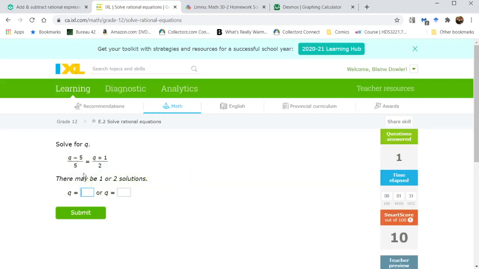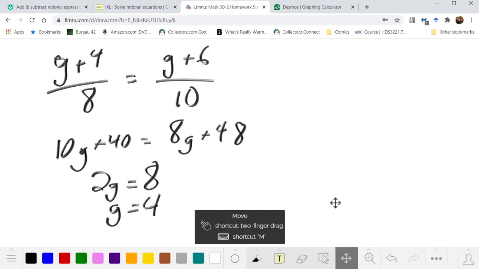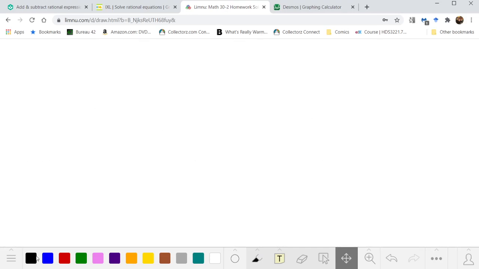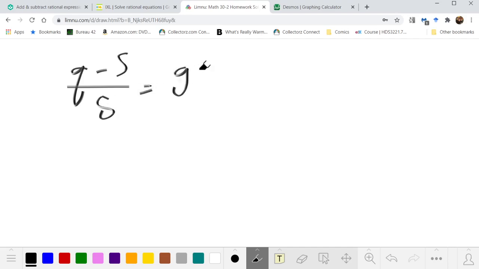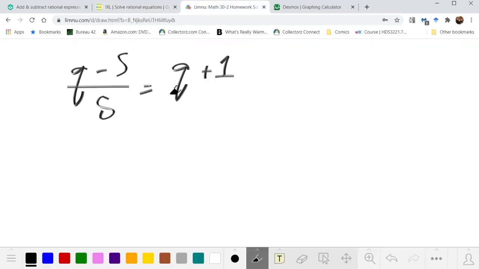Second question, (Q minus 5) over 5 equals (Q plus 1) over 2. That's a funny looking Q. That's better. And it should have been plus 1, over 2.